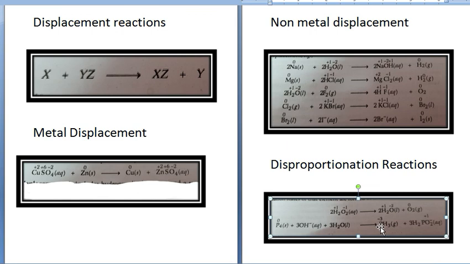Similarly, in this reaction, P4 plus 3OH- plus 3H2O gives you PH3 plus 3H2PO2-. Now, if you look at the oxidation state of phosphorus, in P4, because it is uncombined, the oxidation number is 0.